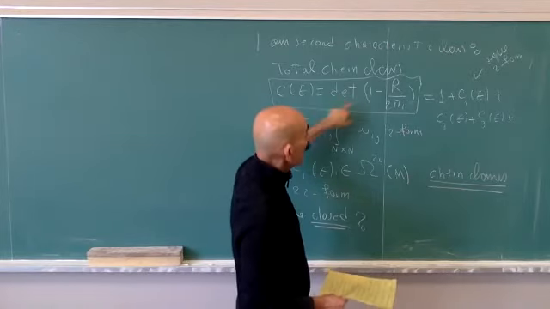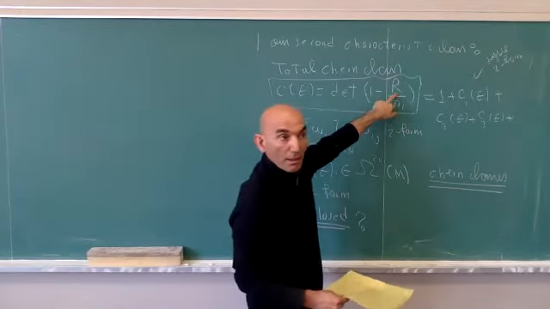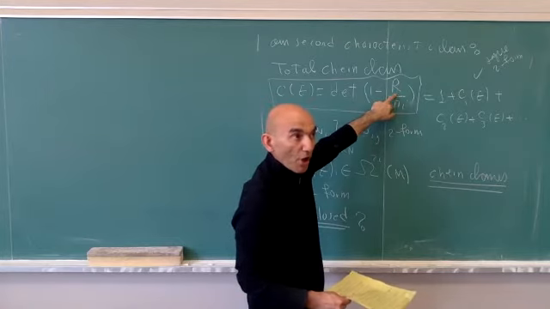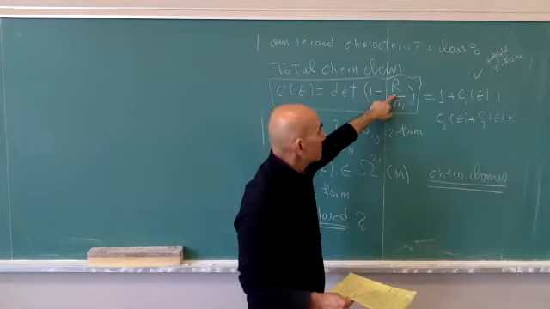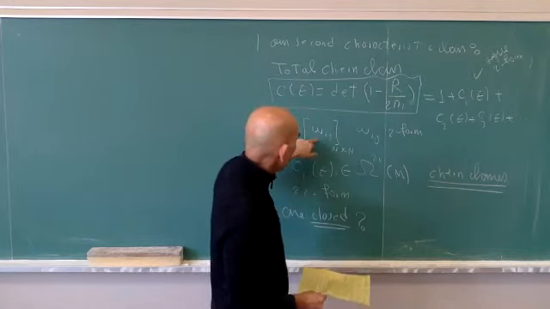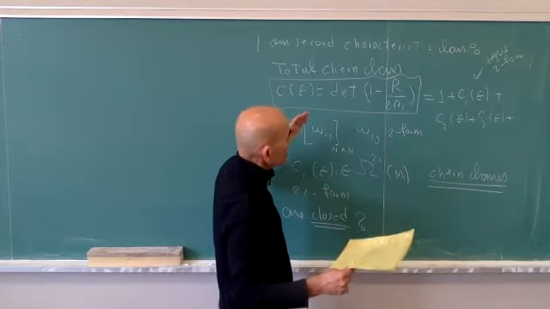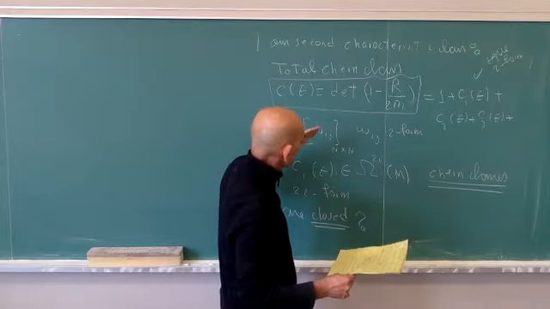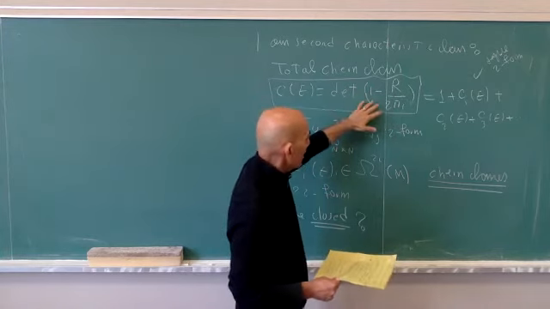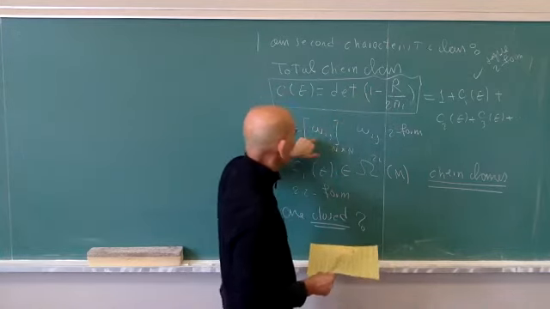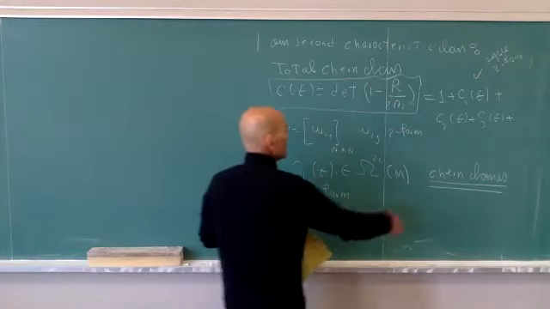I'm not taking the trace. I just directly work with R. But R has coefficients in E. No, imagine R is a matrix. Just go to a local frame, and R is a matrix of two forms locally.